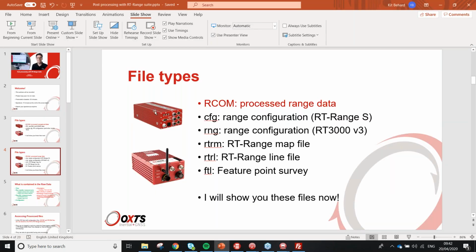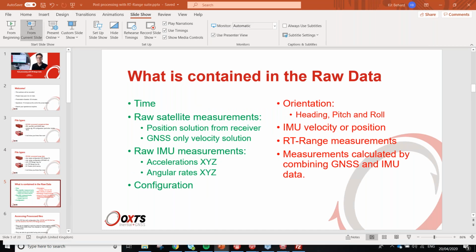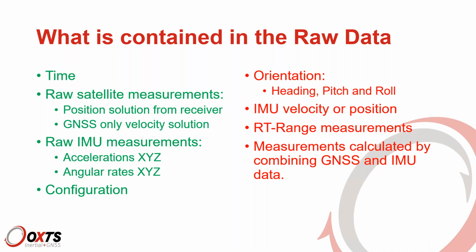So just a quick recap. So what is contained in the raw data? So the raw data is the RD file, which is stored on the RT-3000, for example. And contained in that RD file is time, measurements from the GNSS, as well as a position solution and velocity solution, which are GNSS only.